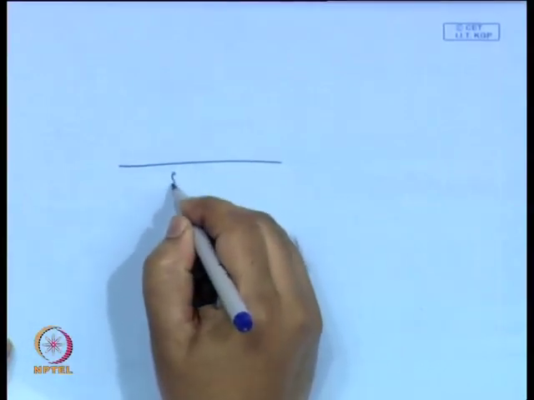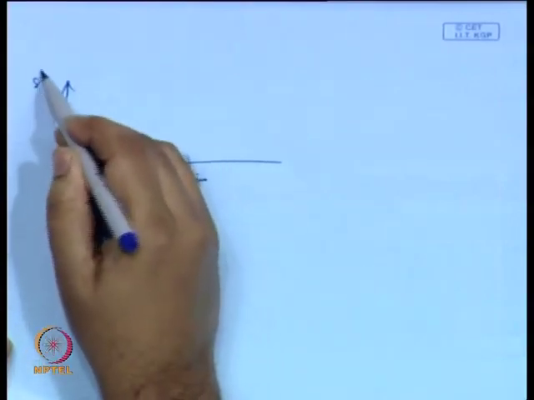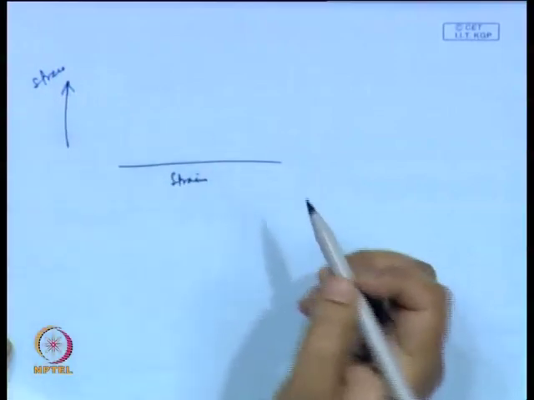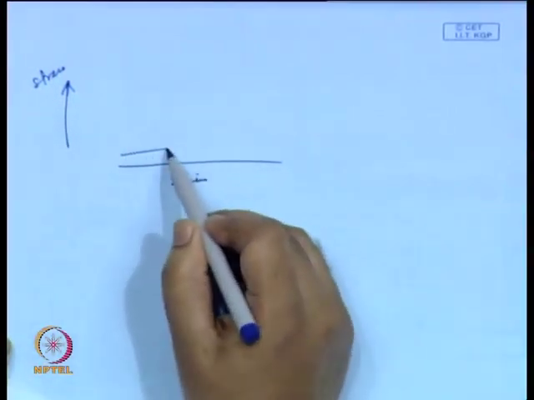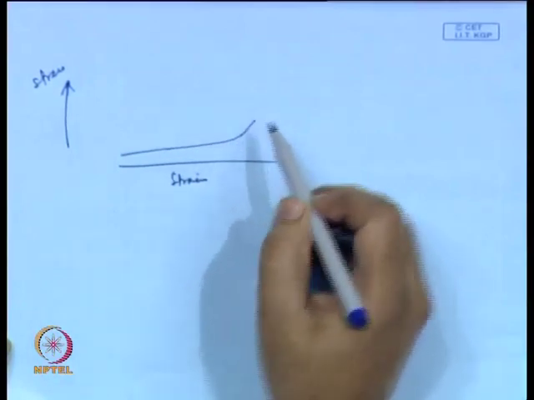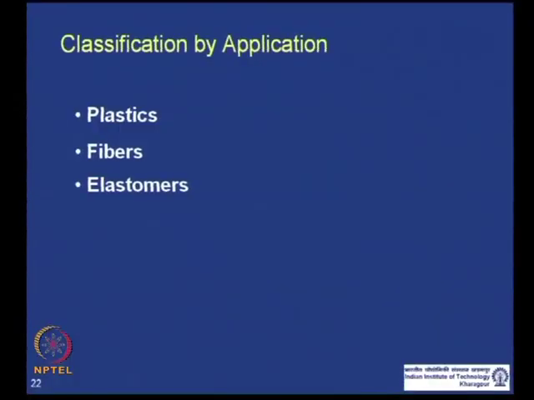If I plot strain versus stress of a polymer sample, then for elastomers, with a small stress you can strain the polymer sample much more. You know how rubbers work, with a small pull they stretch out longer.